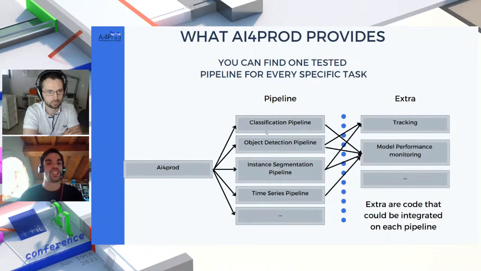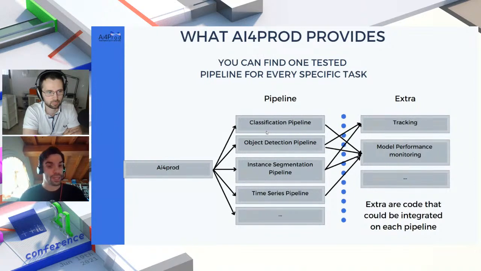You're also going to find an instance segmentation pipeline and a time series pipeline, for example to analyze time series that are coming in. These are different kinds of pipelines composed of the 3 steps I told you before: train, conversion, and inference in C++.